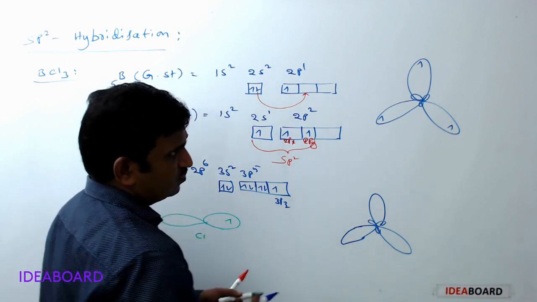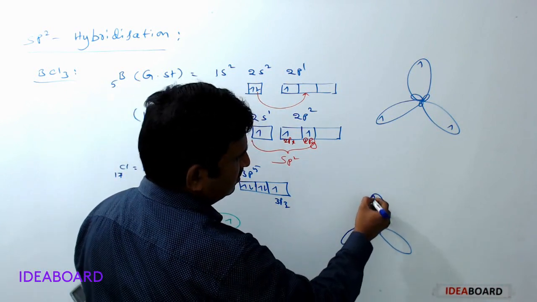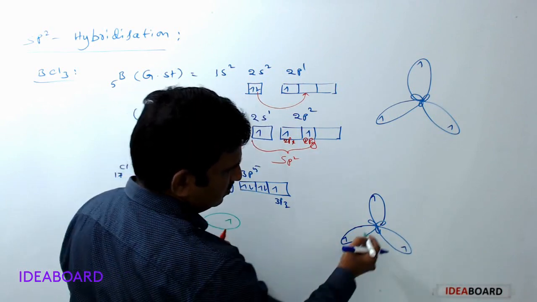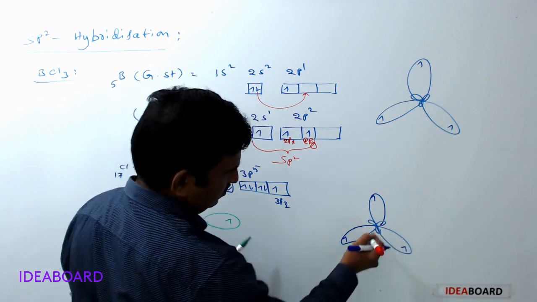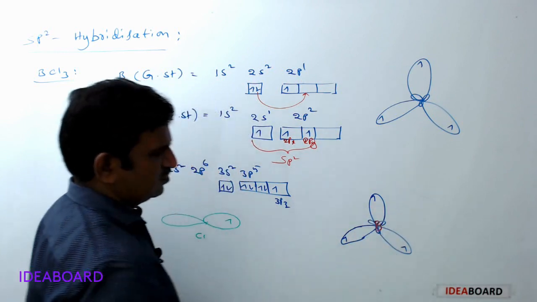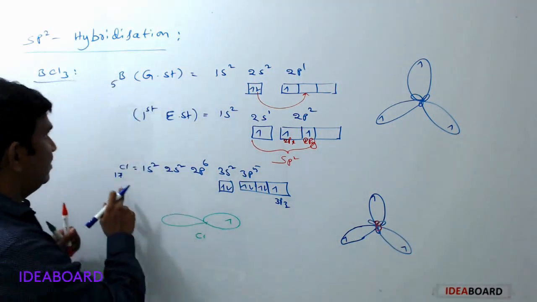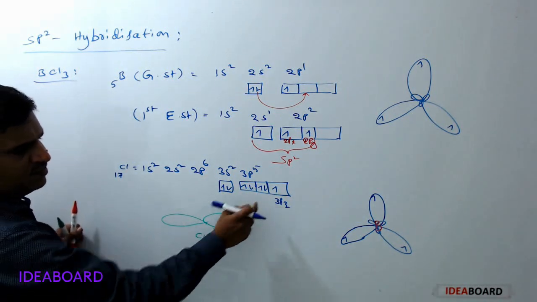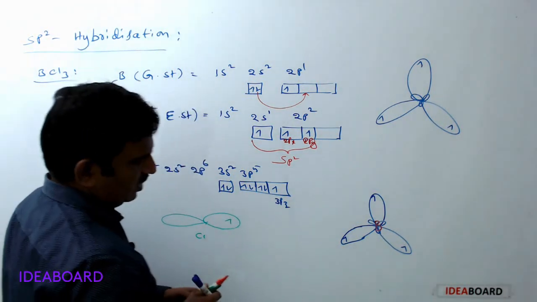Three hybrid orbitals of boron, each contains an unpaired electron. This is boron. Okay, now three chlorine atoms are present. Each chlorine has one electron in the 3pz orbital, and that is now overlapping.